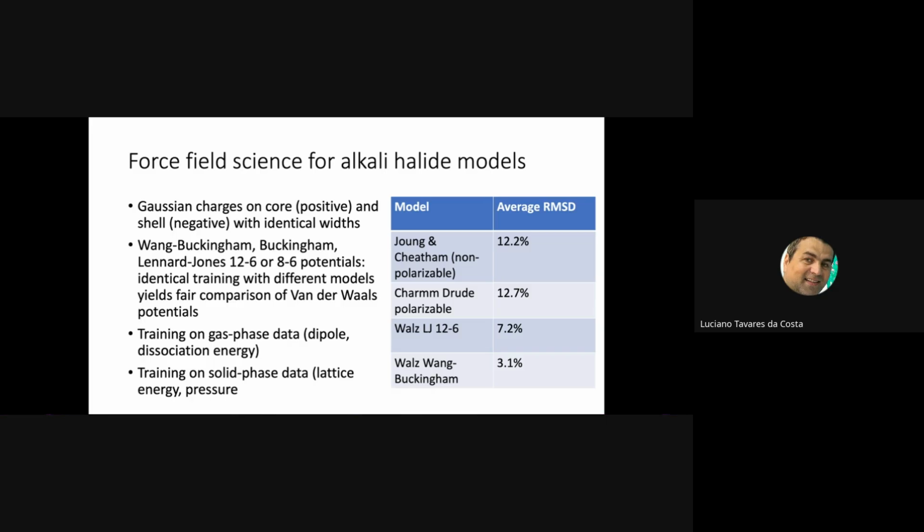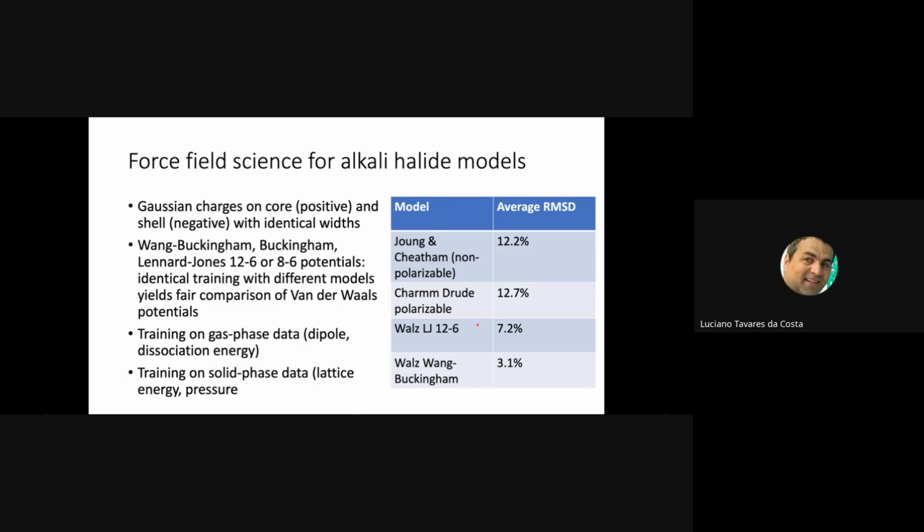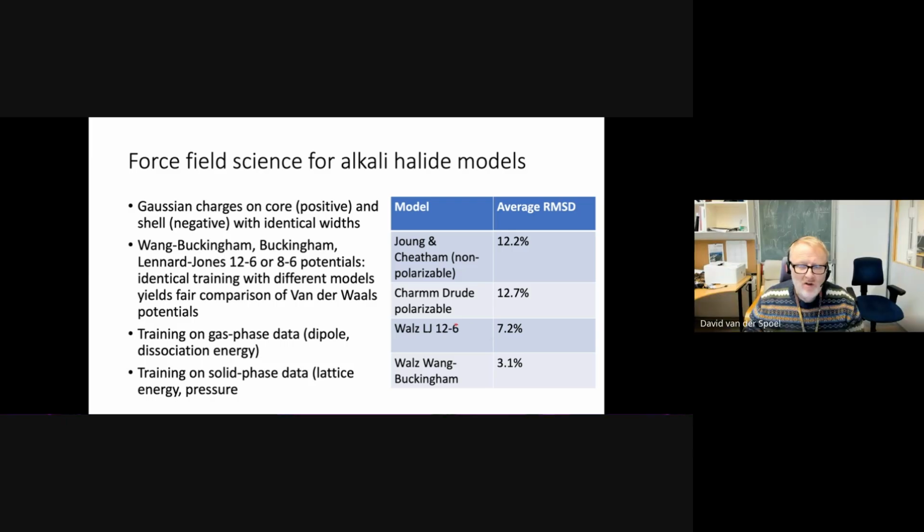I believe if you use Drude's polarizable model, the computational cost will be higher. But these models are also polarizable. The Wang Buckingham one is polarizable from the distributed charge. A Drude polarizable, in terms of the computational cost, is higher than these ones.